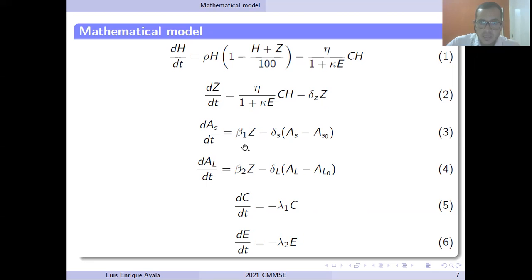We can see that when there are damaged hepatocytes, there is an increase of these levels. And these two terms correspond to the elimination by the body, and the elimination is bounded at the healthy levels, AS0 and AL0. These last two equations correspond to the pharmacokinetics of the carbon tetrachloride and the extract.